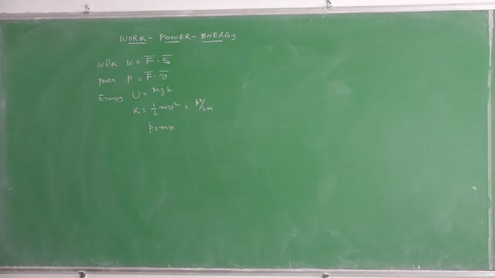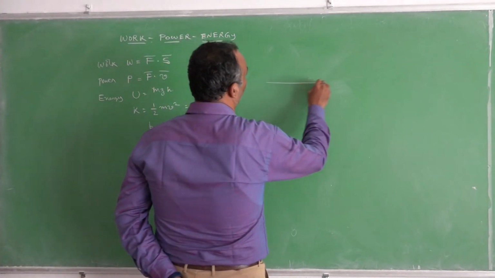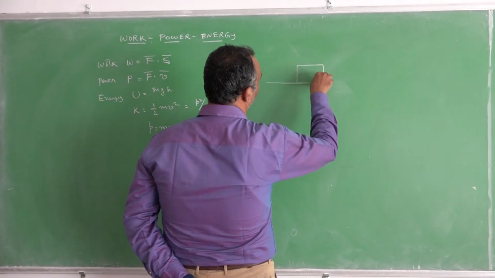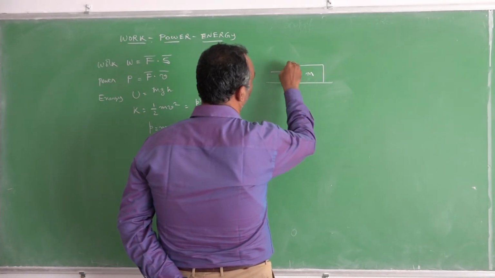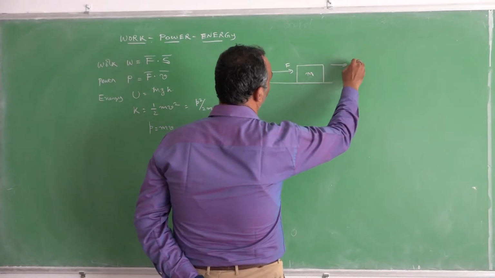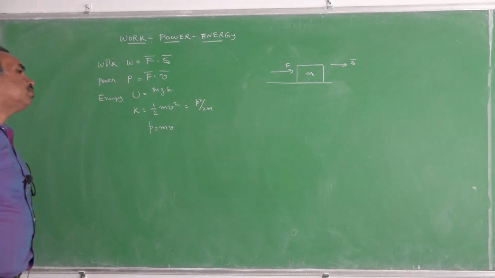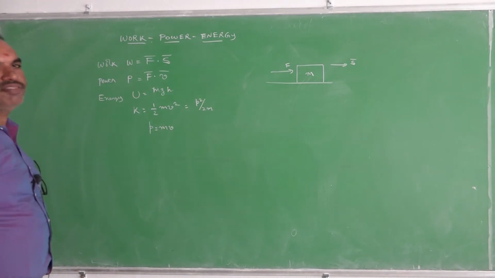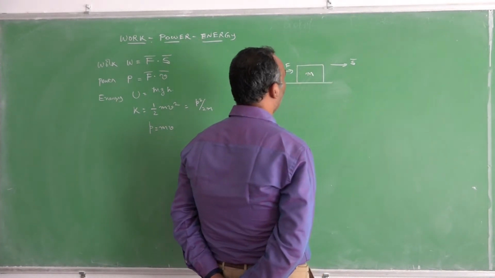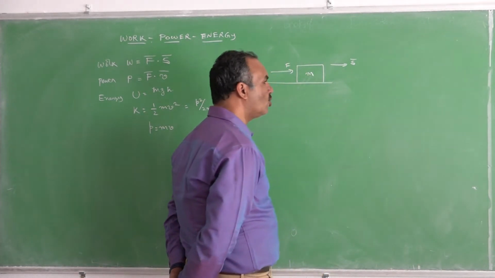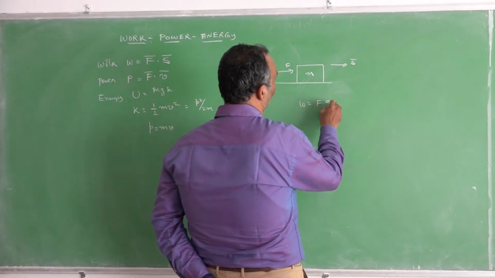If I see the definition of work done, whenever an object is acted upon by certain force which provides some displacement, the dot product of force and displacement is defined as the work done. W is equal to Fs cos theta.